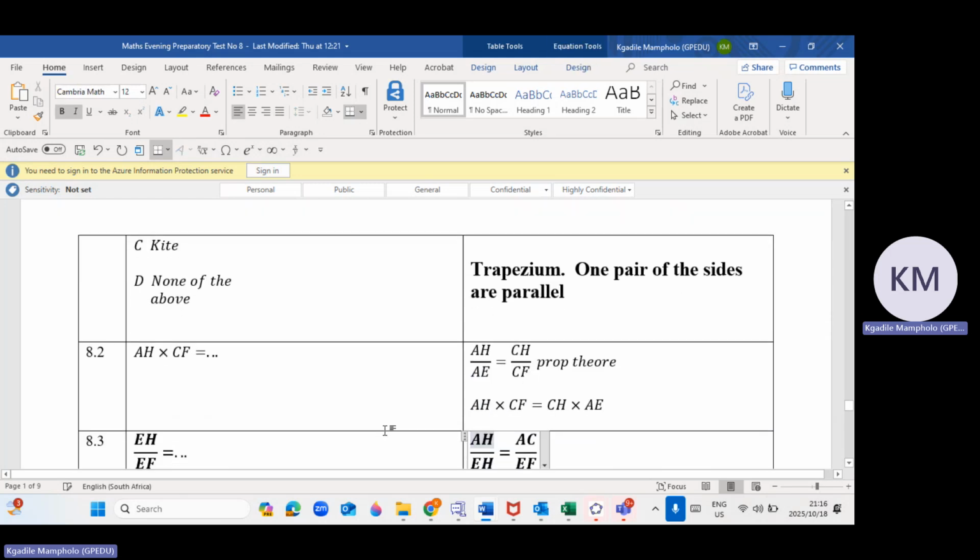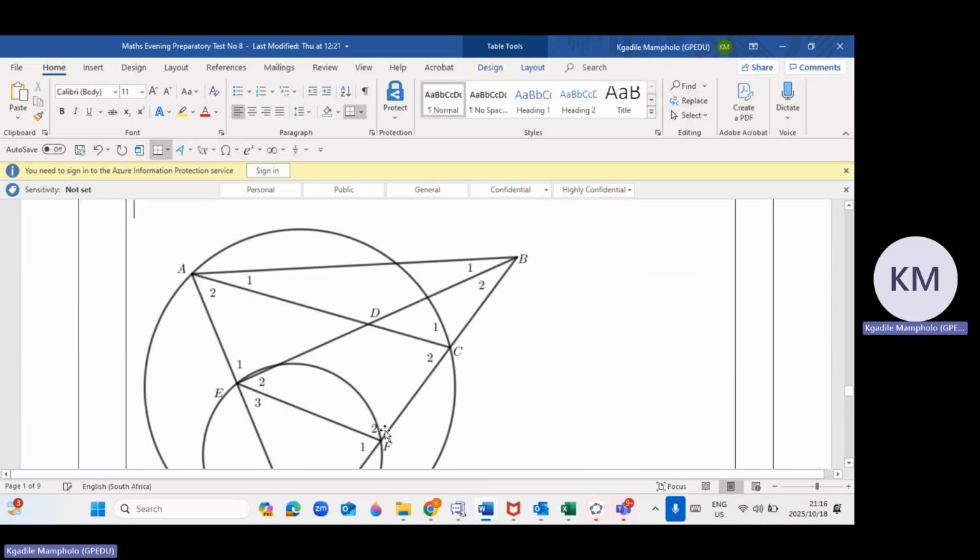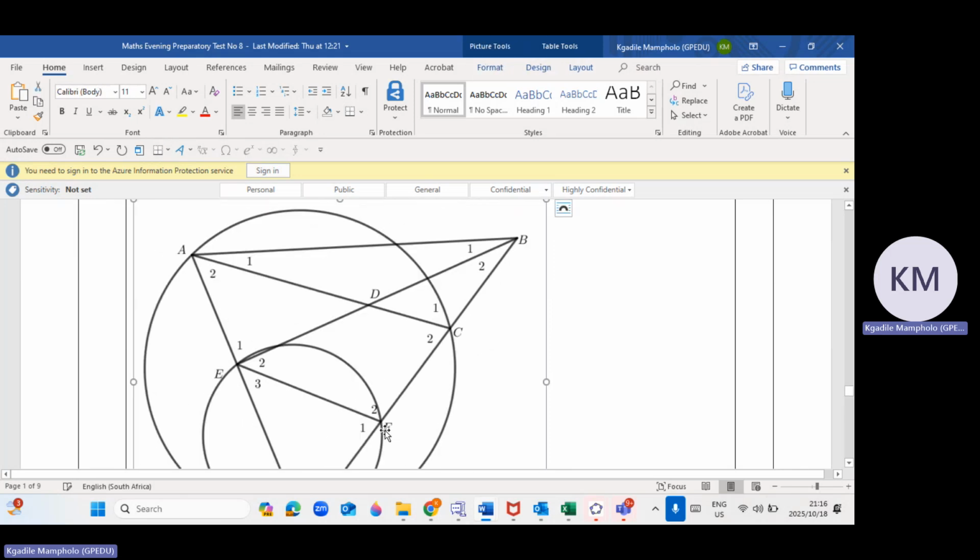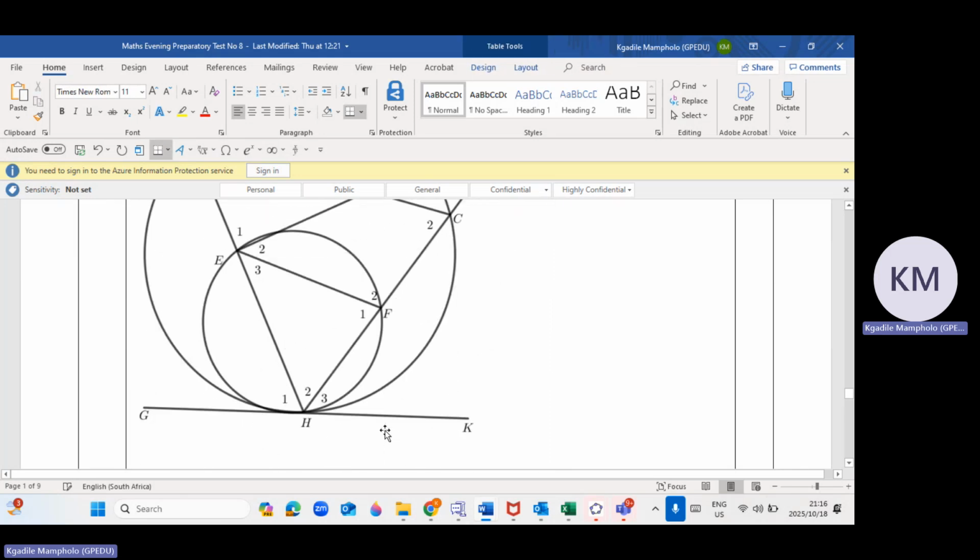Now AH times CF is what? We have just proven that AC is parallel to EF.